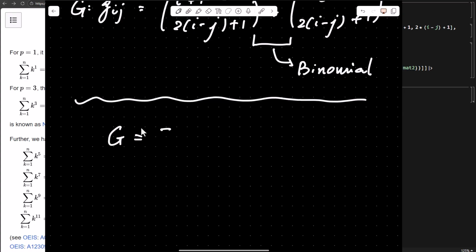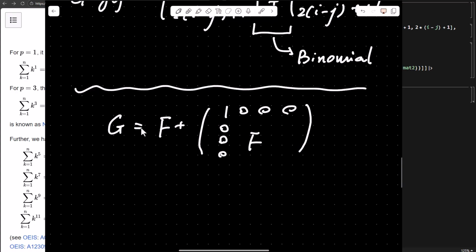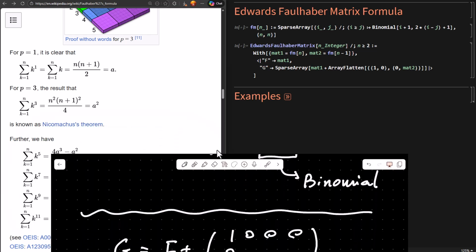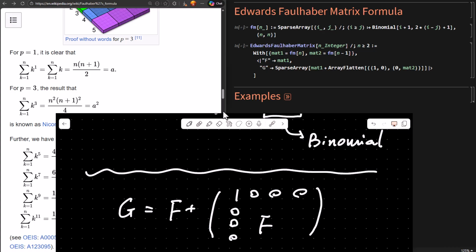It is F plus F shifted, filled with 0, so the first row and the first column are all zeros, except the item in the upper left corner. So in this case, we can just implement this nice formula for these power sums for both odd and even powers. Now let's compare the actual implementation with our notes.